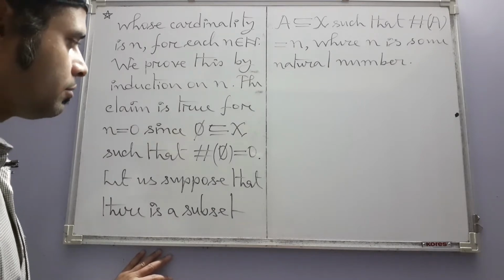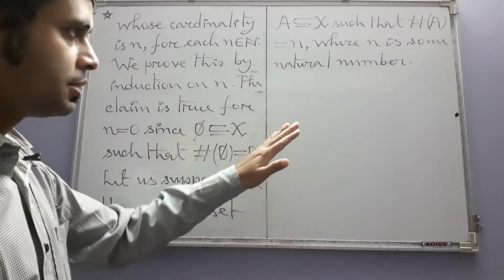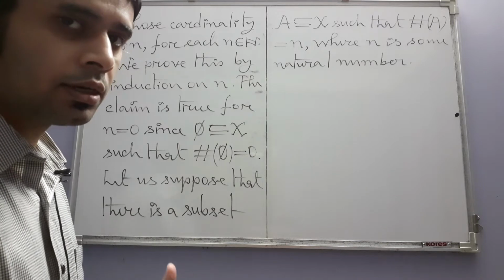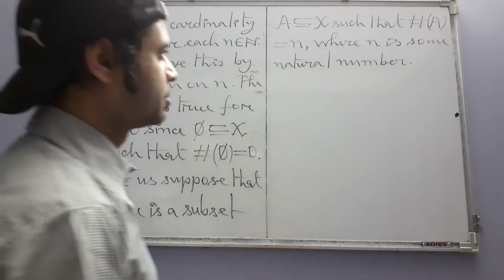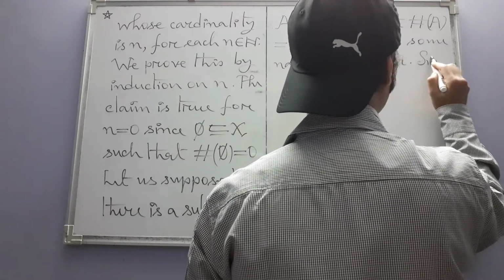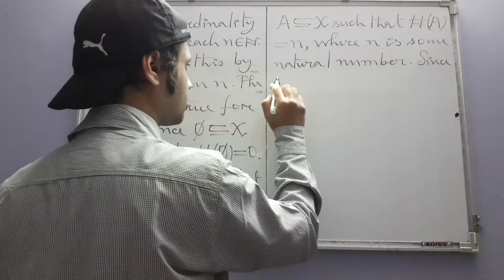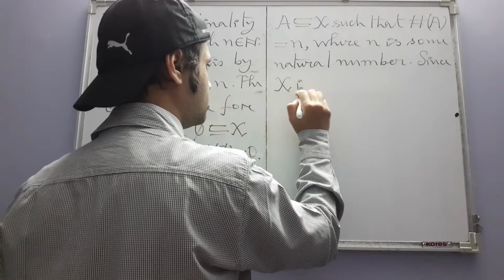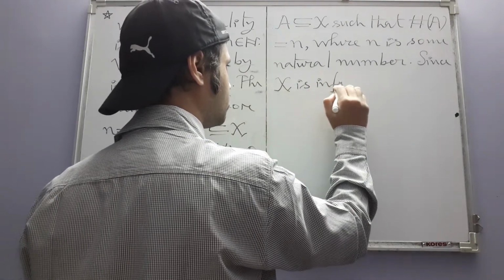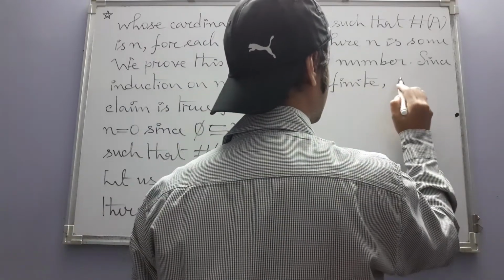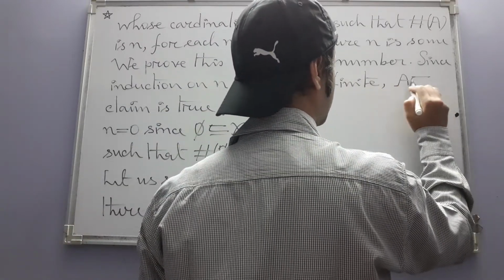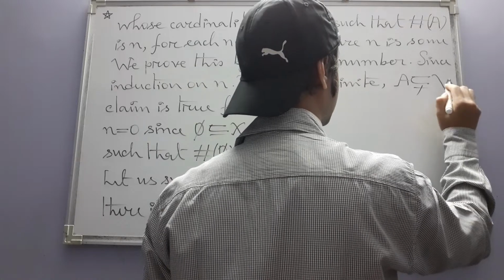Okay, now this is where we are going to use the hypothesis that X is actually an infinite set. Since X is infinite, A is bound to be a proper subset of X.